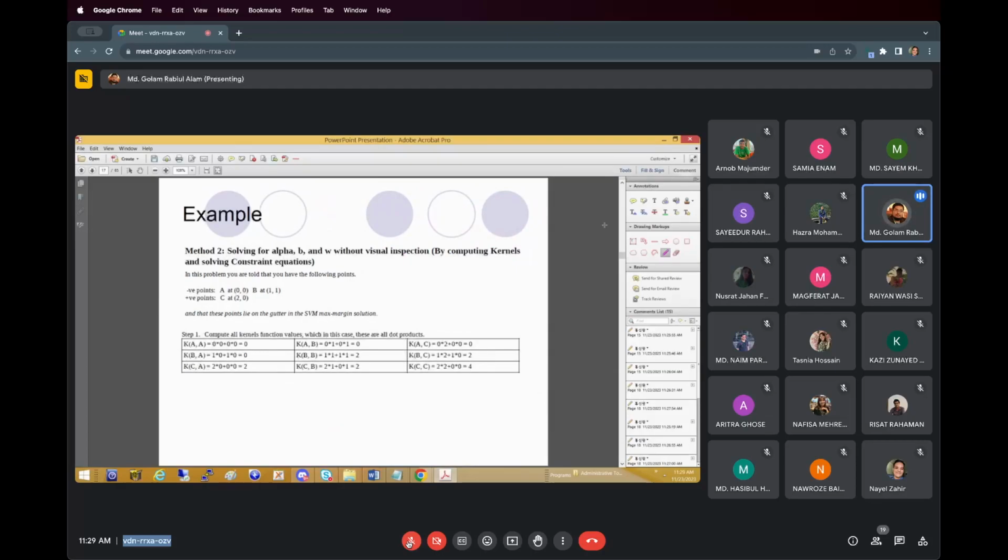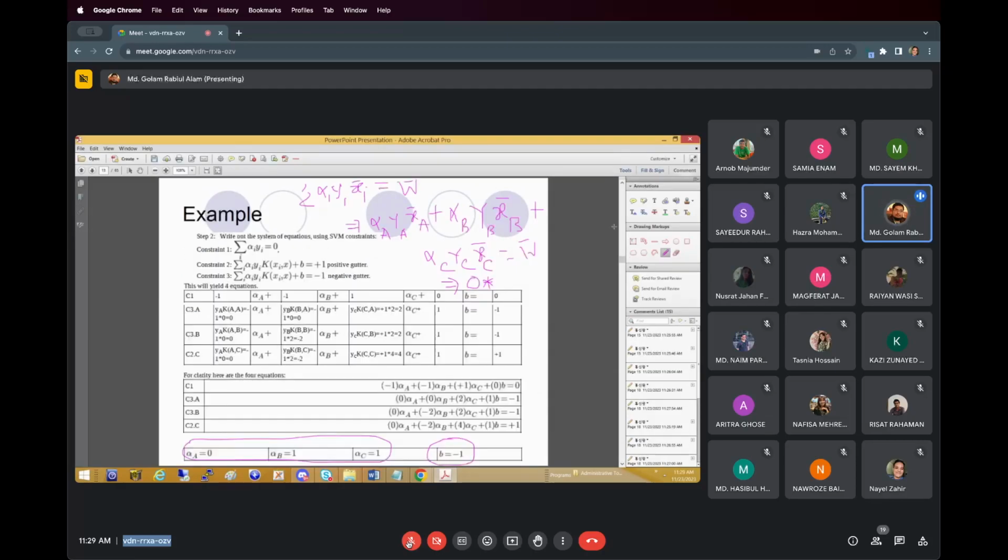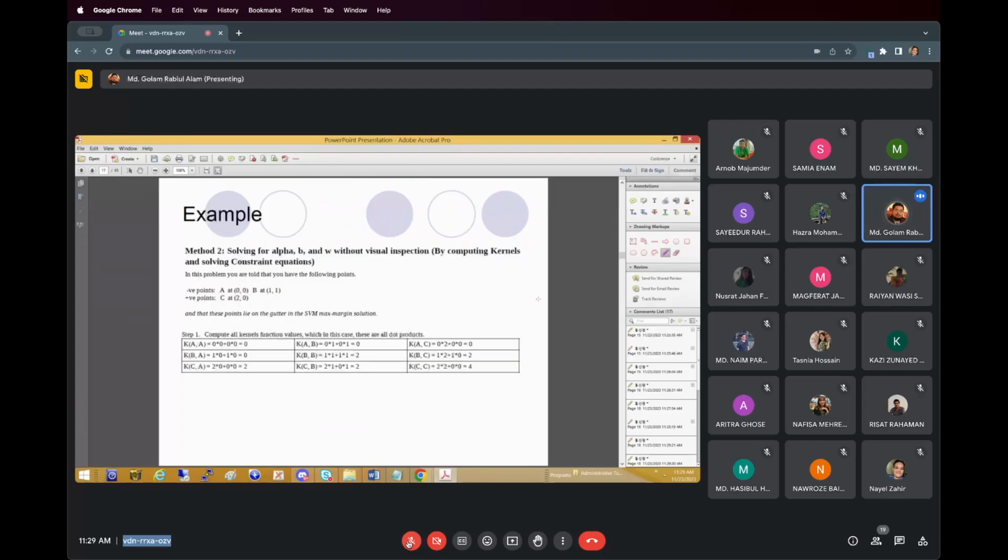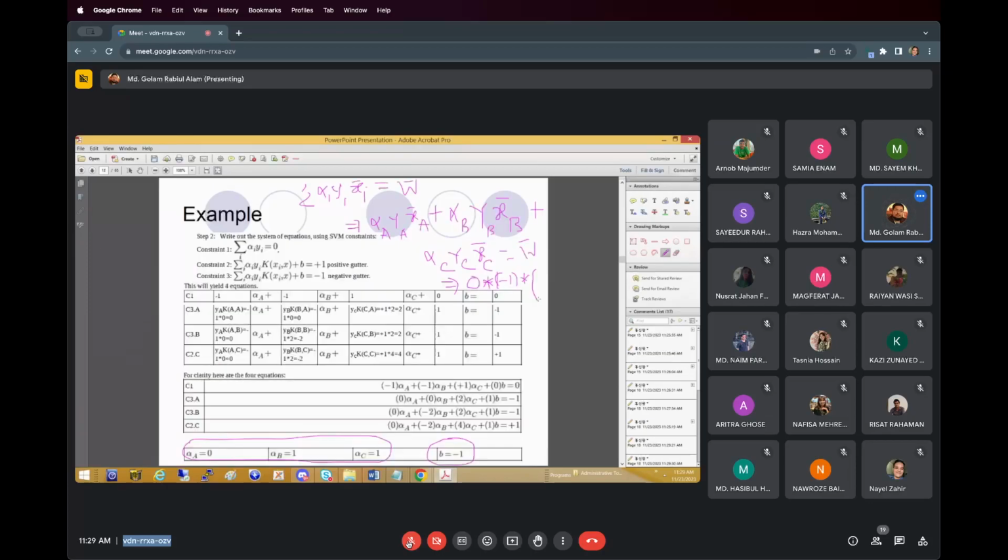Negative means -1, times xA, our support vector A. Support vector A is 0, 0, B is 1, 1, and C is 2, 0.